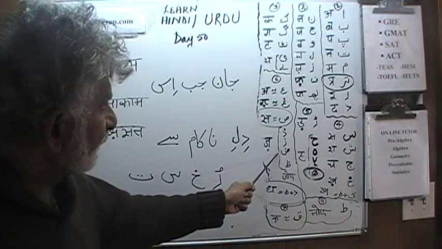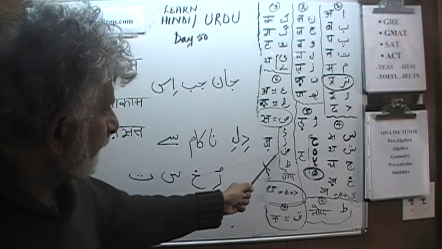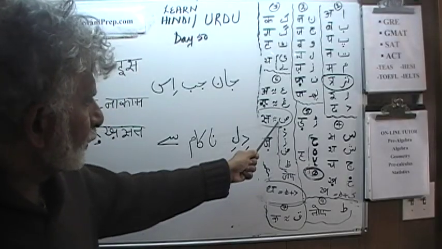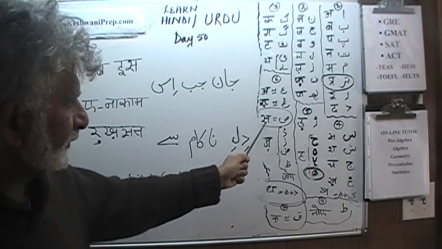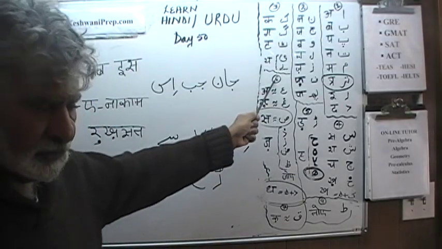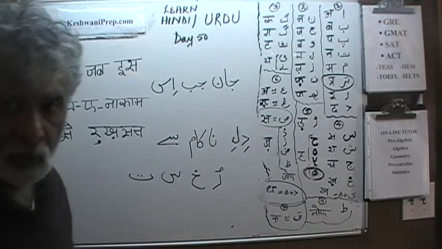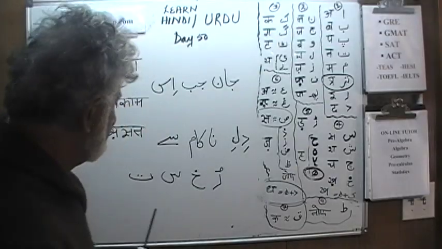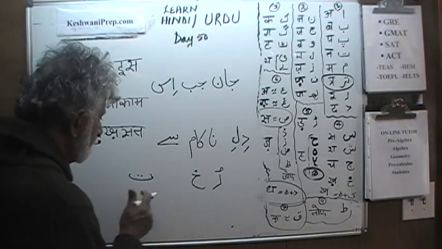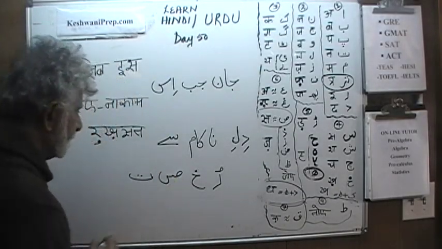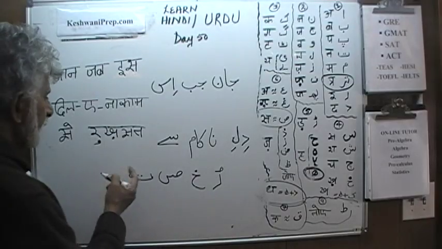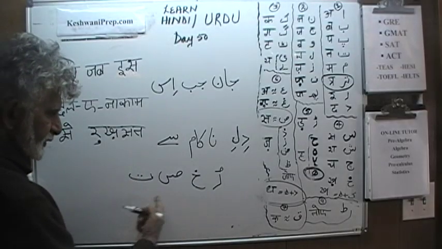That's a zwad, that's a z. Where is the swad? When did we learn it? Right there, swad. As you can see, there's an approximate sign here next to sa. We learned it on day number 6. This sa is what we need here. The correct spelling calls for swad and not seen. There we go. Now it reads ruksat. So this spelling is fixed. We just have to combine them together.